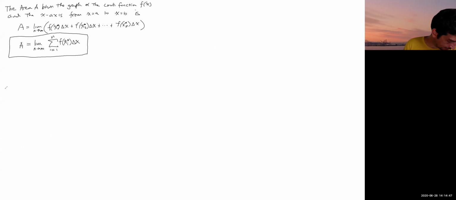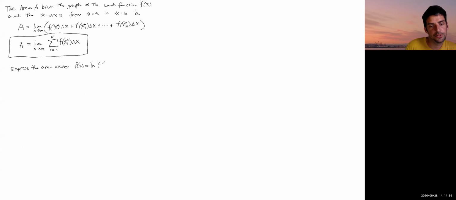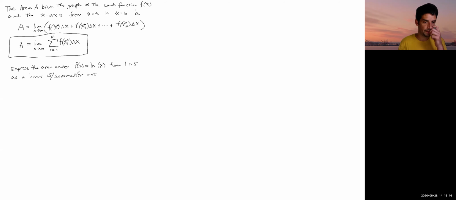Let's express the area under f of x equals the natural log of x from 1 to 5 as a limit with summation notation. Okay, so this is a good time to remember what our little setup is.